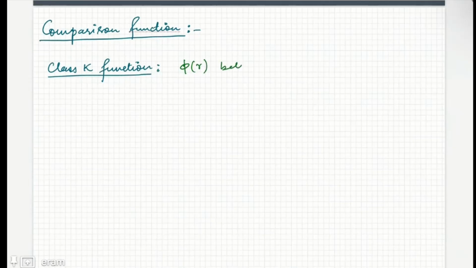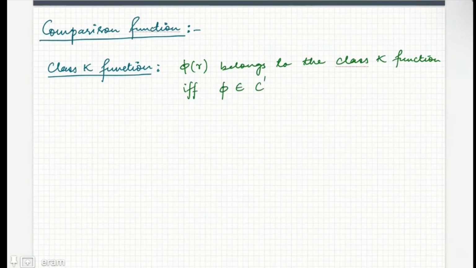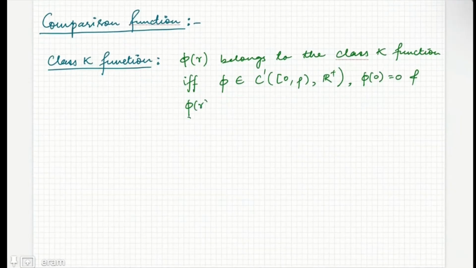This function belongs to the class K function if and only if the function phi is continuously differentiable over a domain 0 to rho, and it gives positive values, it is 0 at 0, and the function over the argument r is strictly increasing.